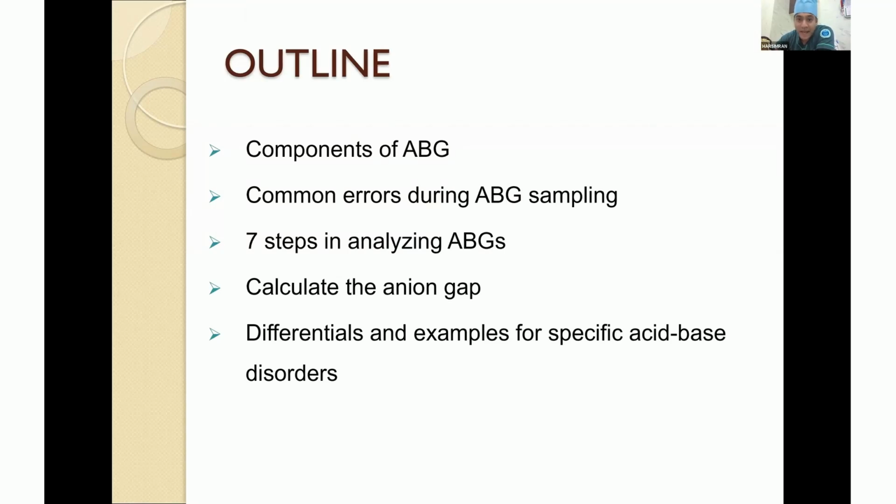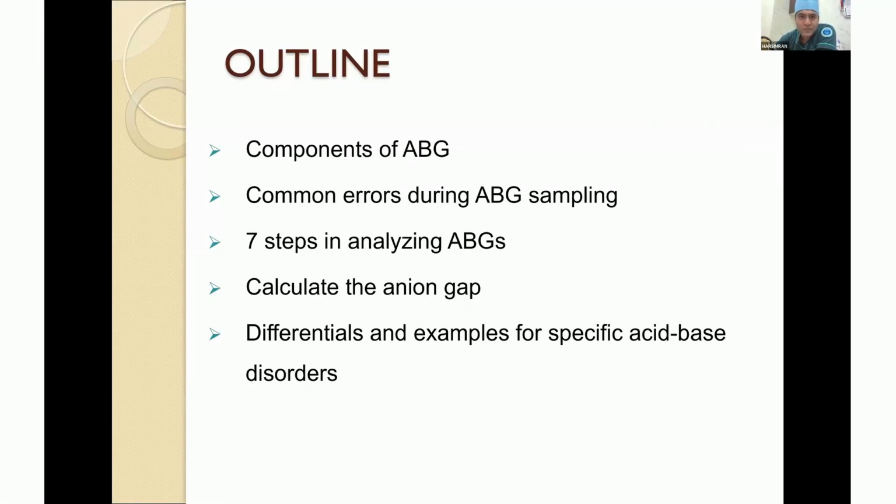Then we also can see an anion gap that becomes very important in emergency, especially in patients with poisoning or in patients who come in sepsis. Last is differentials and examples. Examples I will take at the last for specific acid-base disorders. We are not going into mixed disorders, but basics of ABG I will try to cover in this presentation.